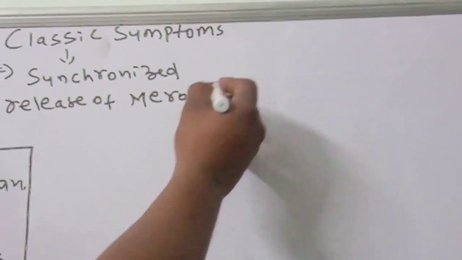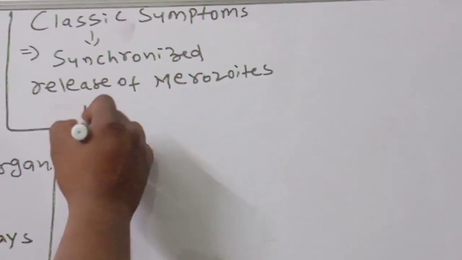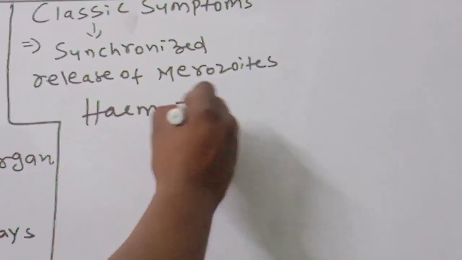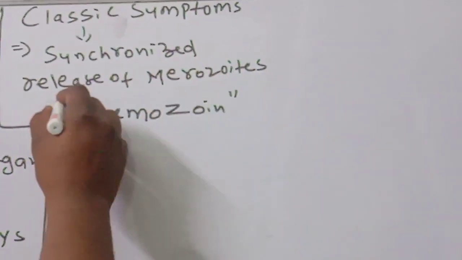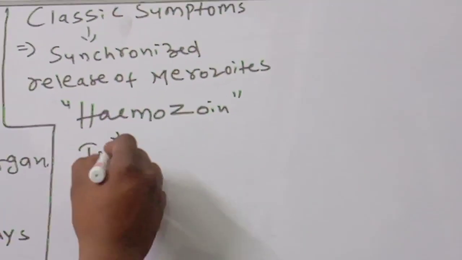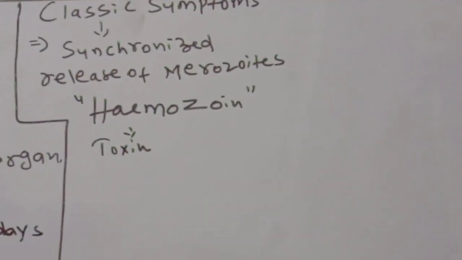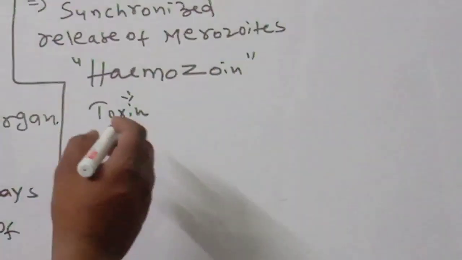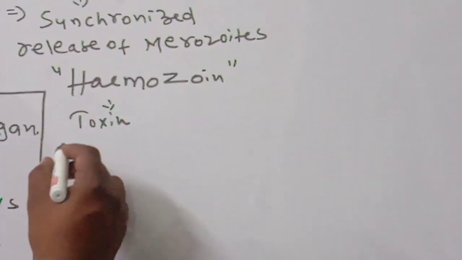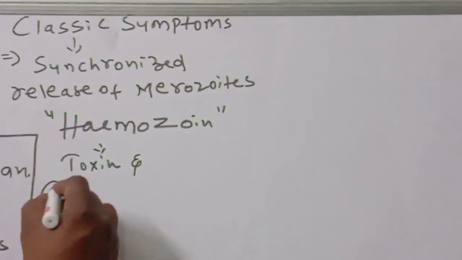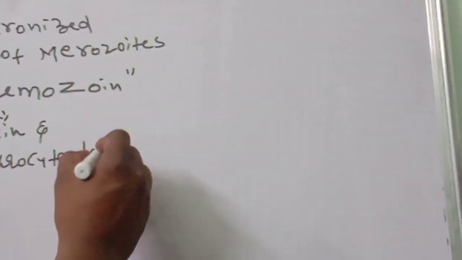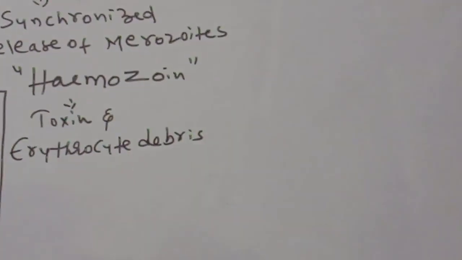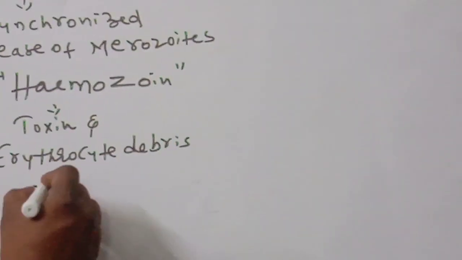At that time, which one will be released? I said very dangerous, hemozoin. Hemozoin is a toxin. So this toxin and erythrocyte debris, okay children, come into which one?